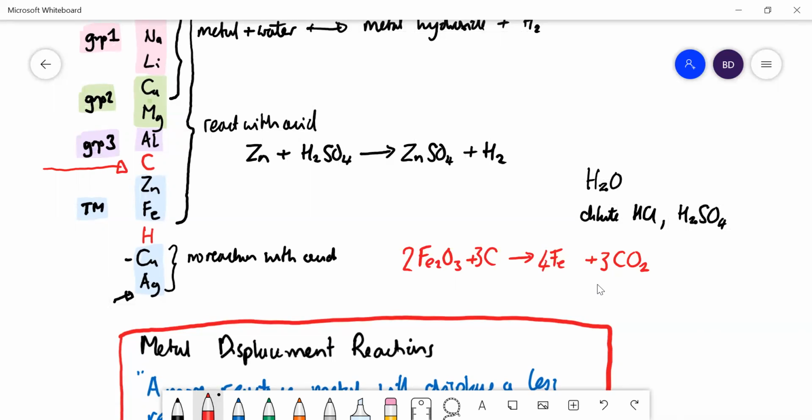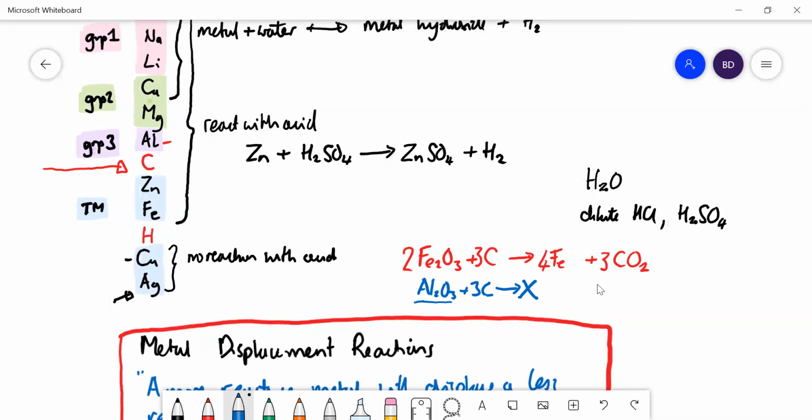Now, that's pretty important because if you look at aluminium, if you react aluminium oxide with carbon, nothing happens. That's because aluminium is more reactive than carbon, so carbon cannot take the oxygen off aluminium oxide to form aluminium metal. That means you can't extract aluminium by heating it up with carbon, with coke, which is a cheap way of making metals.